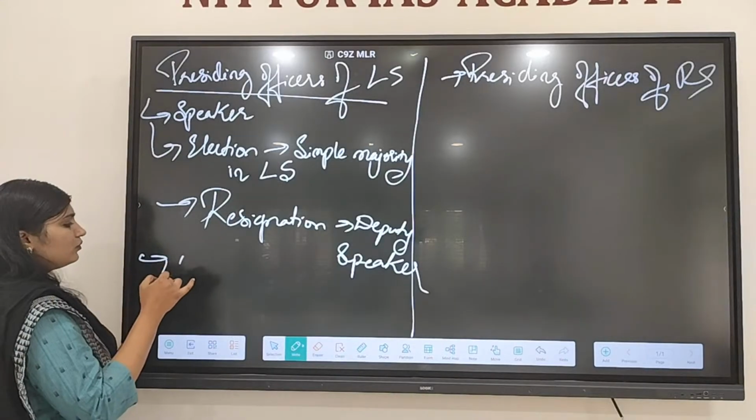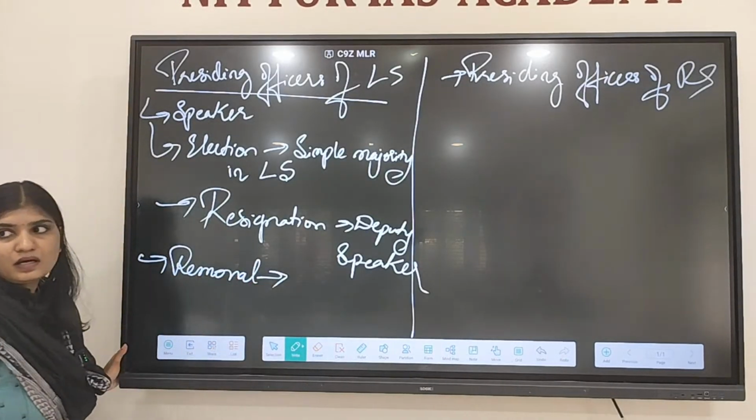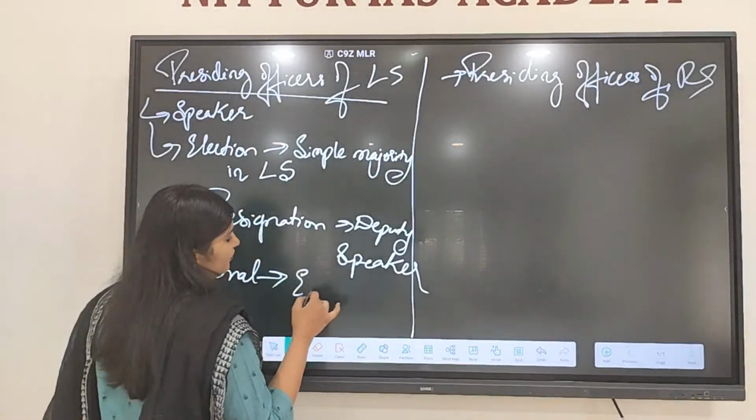Then comes the removal process. For removal, we need effective majority.